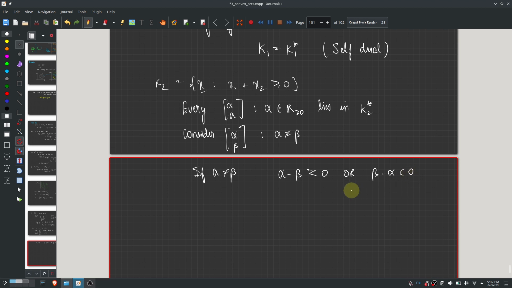Correct? One of these two must happen. So in this case, I can just consider (1, minus 1), and in this case I can simply consider (minus 1, 1). Both these vectors lie in K2, right? And this just works. So such an (alpha, beta) would not belong to K2 star.